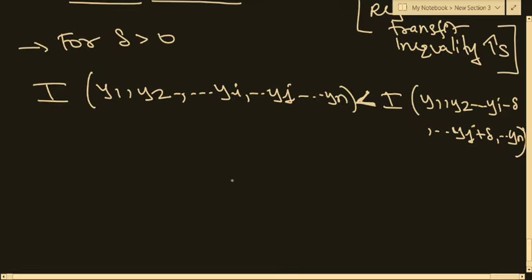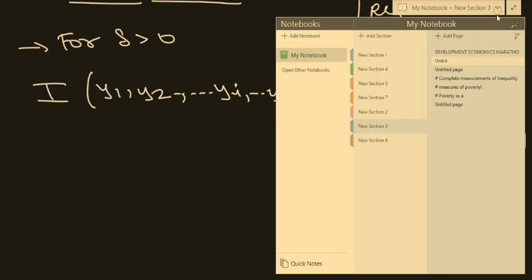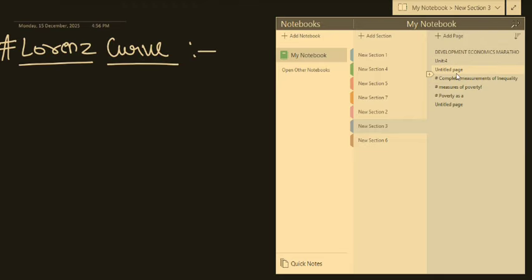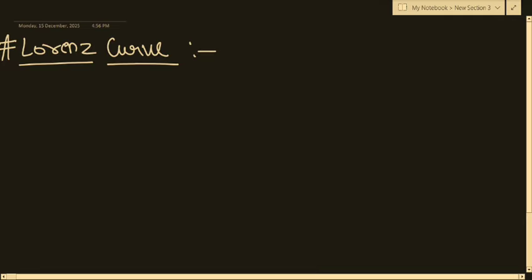Okay. Now let's move to the second topic from this unit, very, very important from the exam point of view. That would be our Lorenz curve. All right. First, quickly write what the Lorenz curve basically tells us.